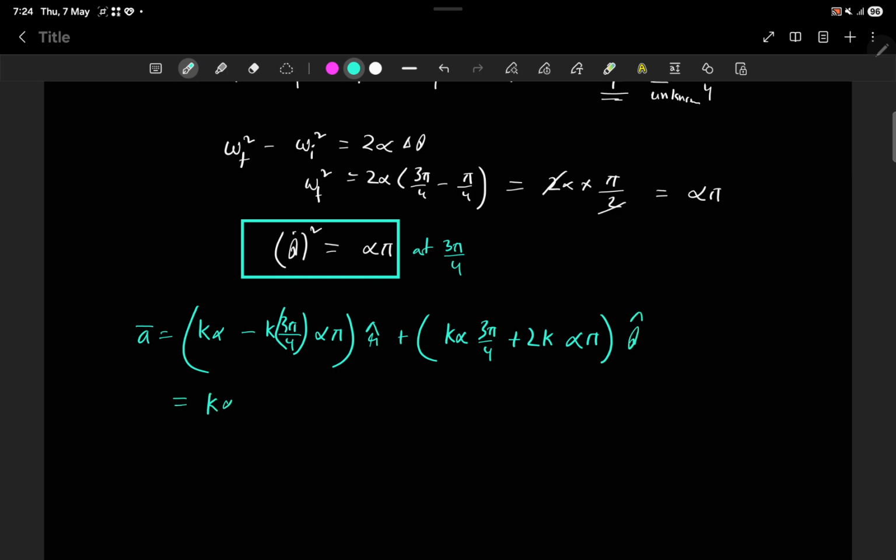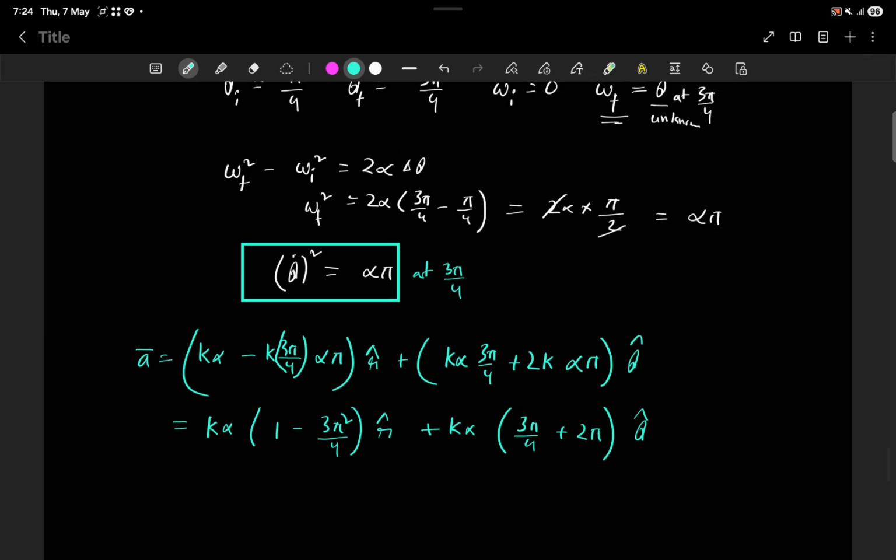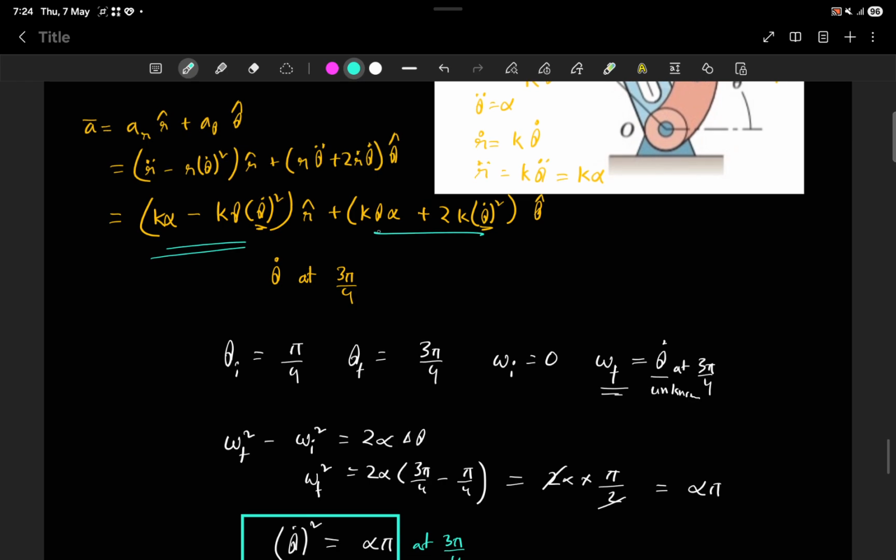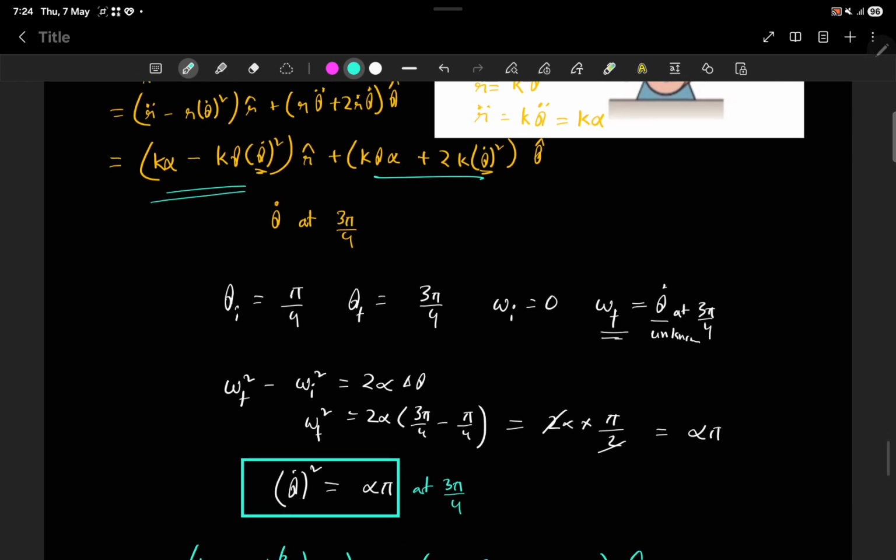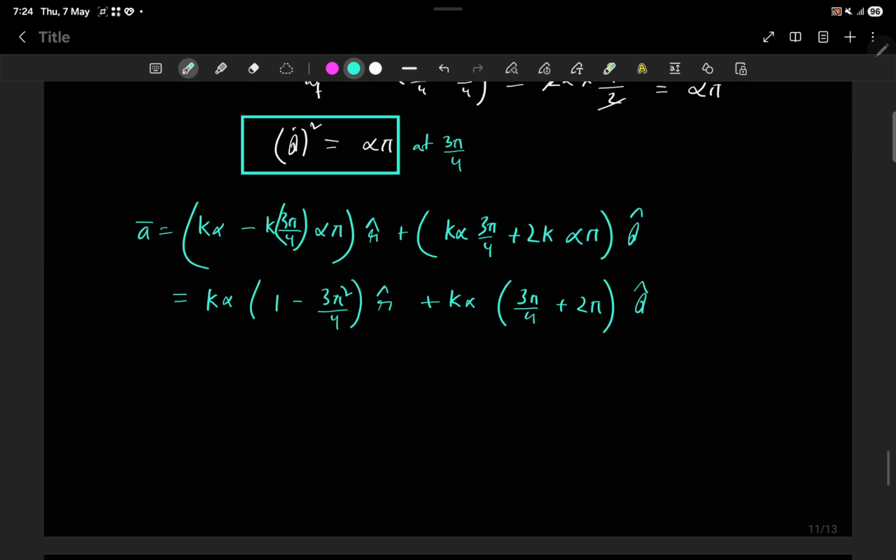I'll simplify it. K alpha I'll take common: 1 minus 3 pi square by 4, r cap, plus k alpha times (3 pi by 4 plus 2 pi), theta cap. I have written it correctly, I guess.